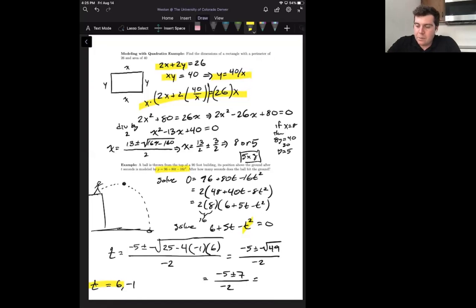All right, that was 1.3. Now 1.3 is one of the longest sections in the book, so other sections, the videos should be a bit shorter. I think the best thing to do now is just do a lot of practice problems. That's really the way you learn. Listening to lecture only gets you so far. I see lecture as just a way to show you guys what to do.